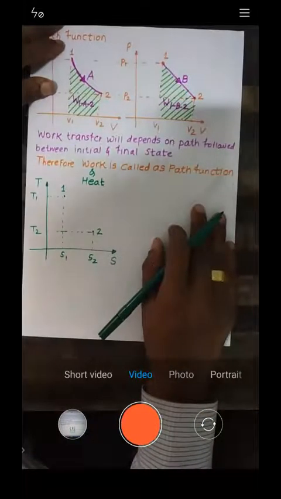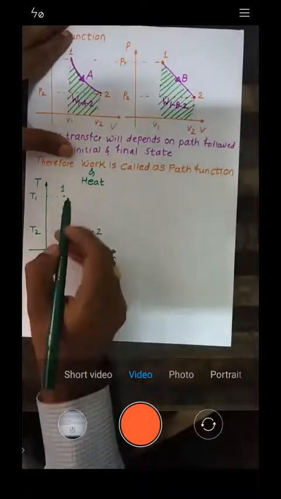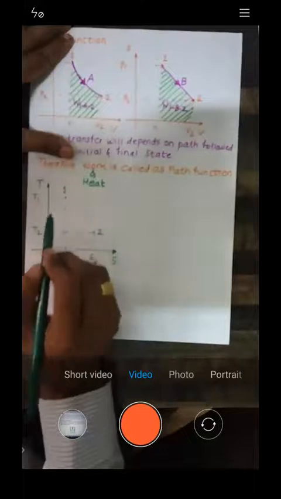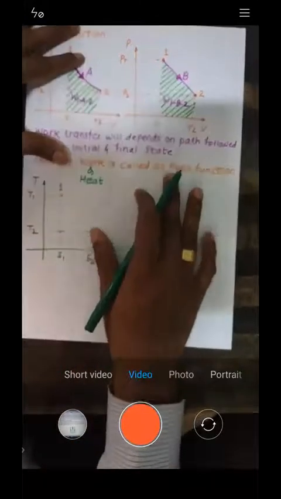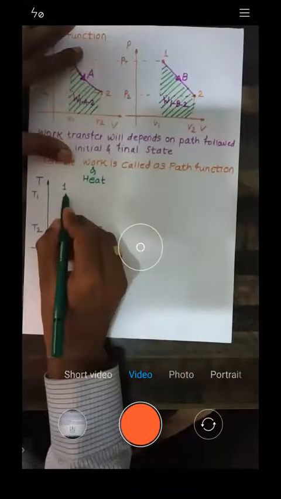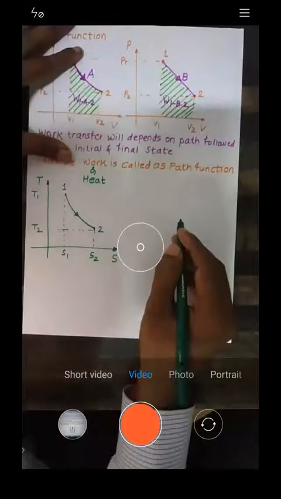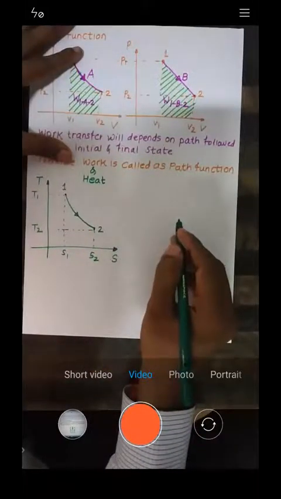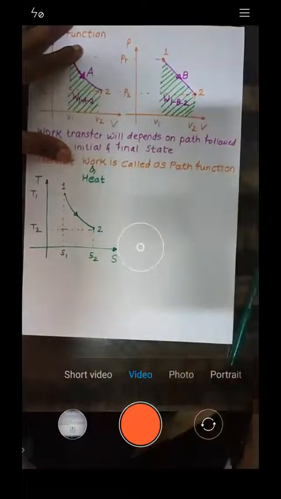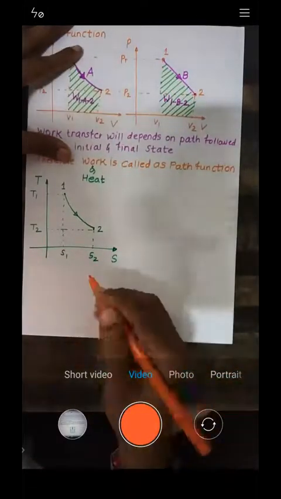Temperature and entropy, right? So see, let's say I move from point number 1 to point number 2, like this. Then you will get some area lying below that process 1 to 2.